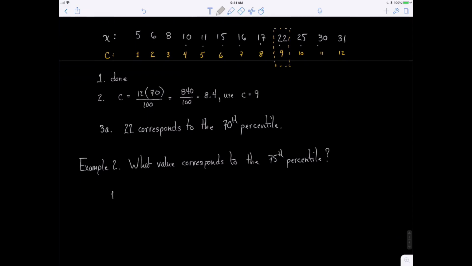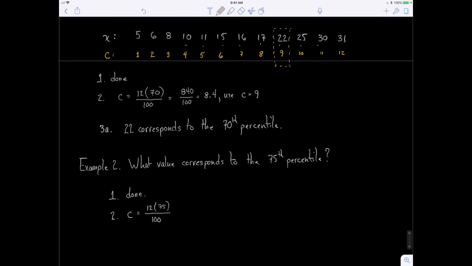Step 1 is arrange the data in ascending order, and that's already done. Step 2 says we need to calculate C. So N again is 12 times P, this time 75, divided by 100.